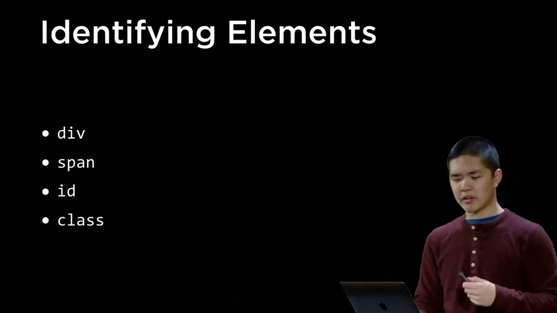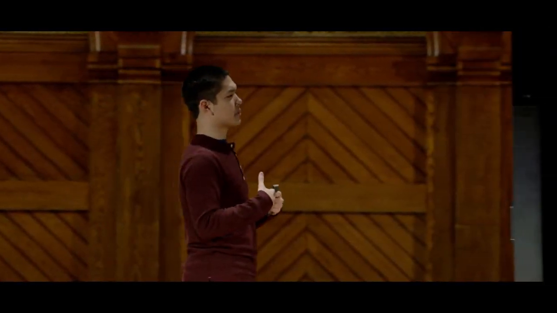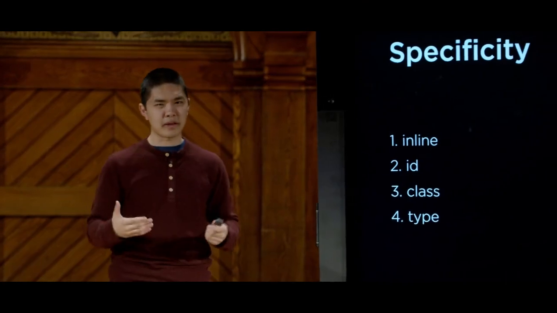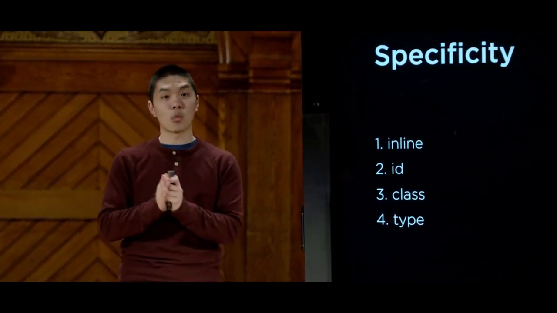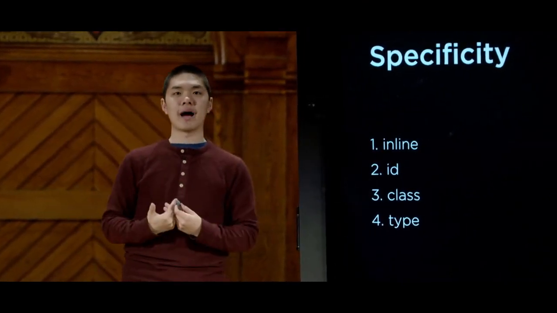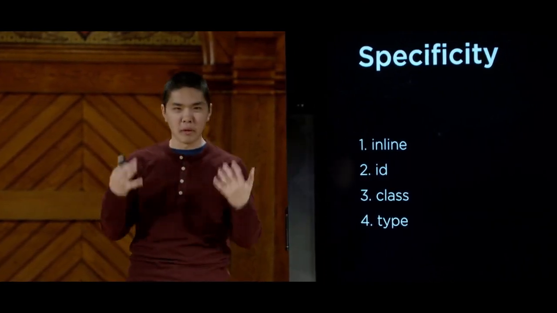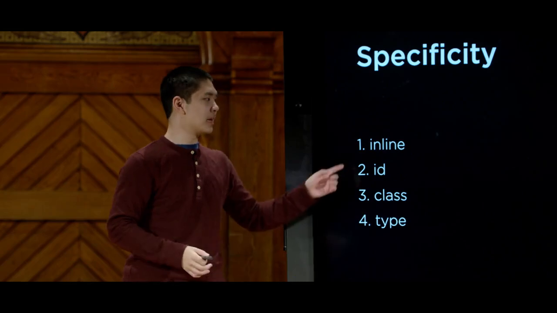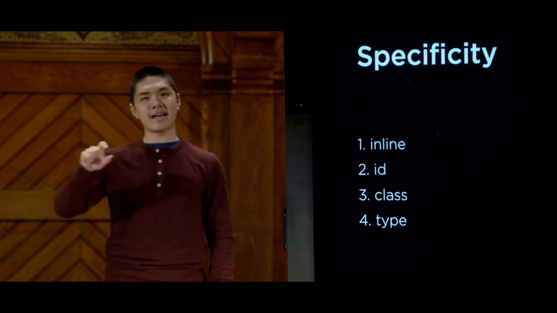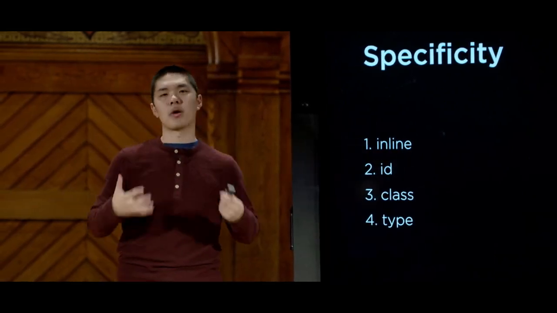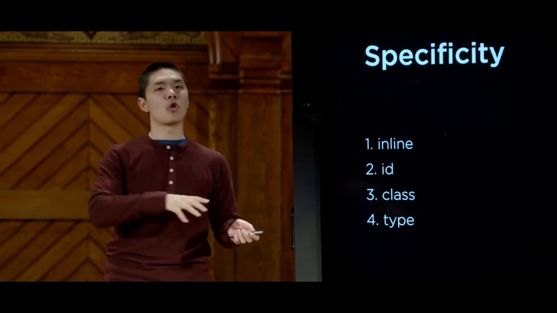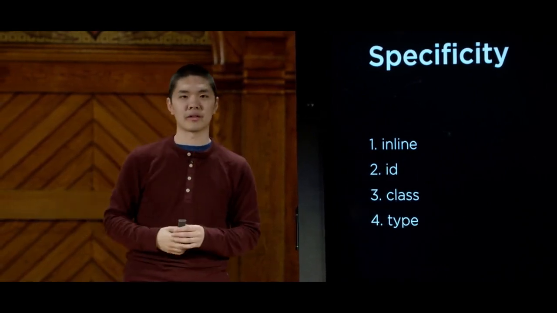And this often happens when we start to add IDs and classes to our elements as well. So when we deal with specificity, specificity goes in a particular order. There's an order of precedence that we can follow for determining what style should ultimately be applied to any particular element. The first, most powerful, most specific way of referencing an element is inline styling, literally adding a style attribute to our HTML elements the way we did way at the beginning when we were first taking a look at CSS.